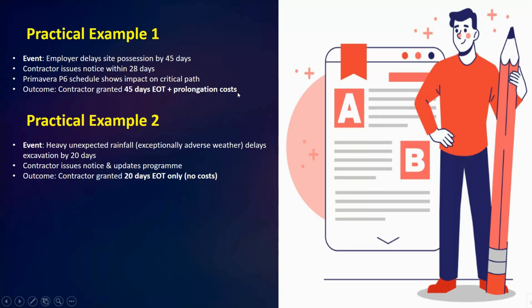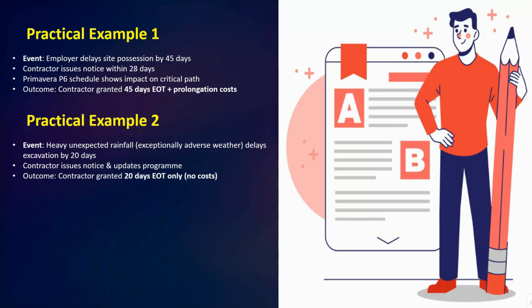So the event is clearly that the employer delayed giving the site possession by 45 days. The action was that the contractor issues a notice within 28 days and updates the Primavera P6 schedule. The update shows that the critical path is pushed forward by 45 days.